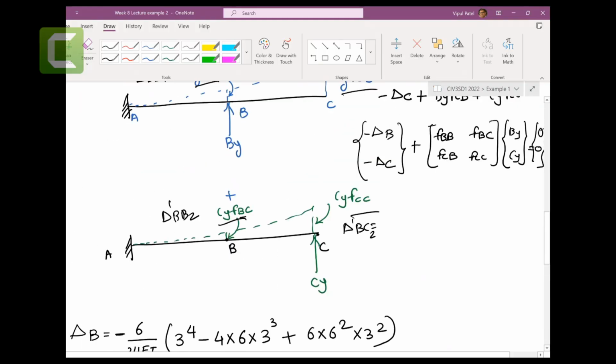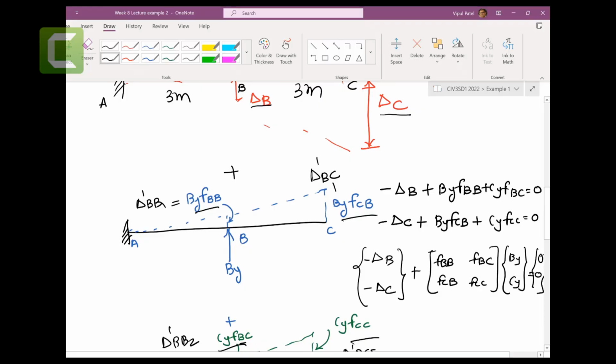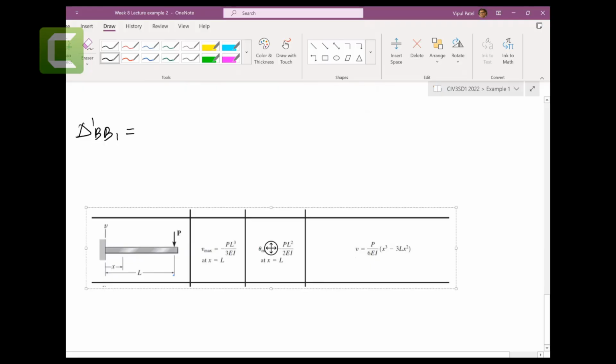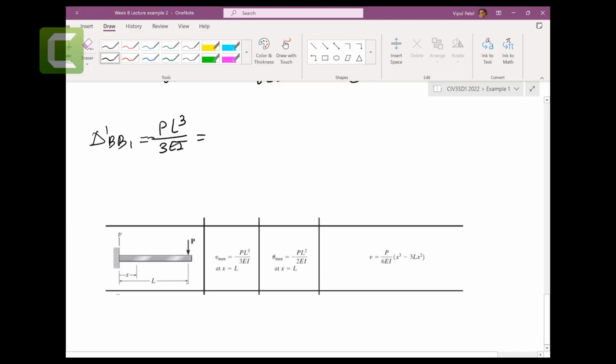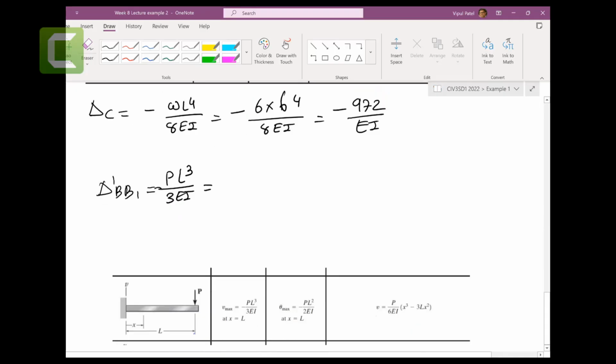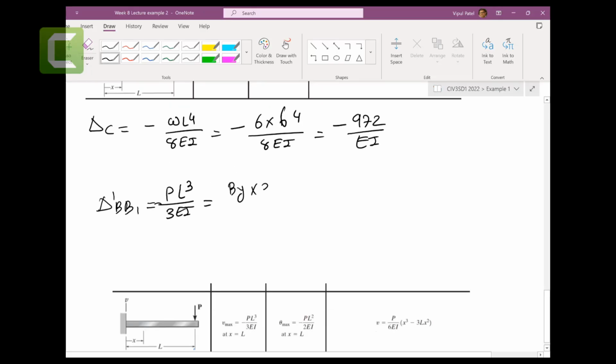I think they put the points here. That's the maximum deflection here, by. So in that case, let's use this positive PL cubed over 3EI. P load is by, L cubed is 3 because it's the midpoint, over 3EI. So you get 9 by on EI. That is going up. So that's done.